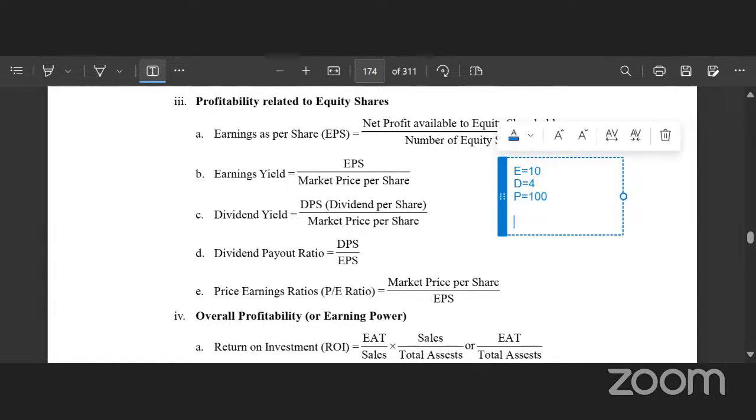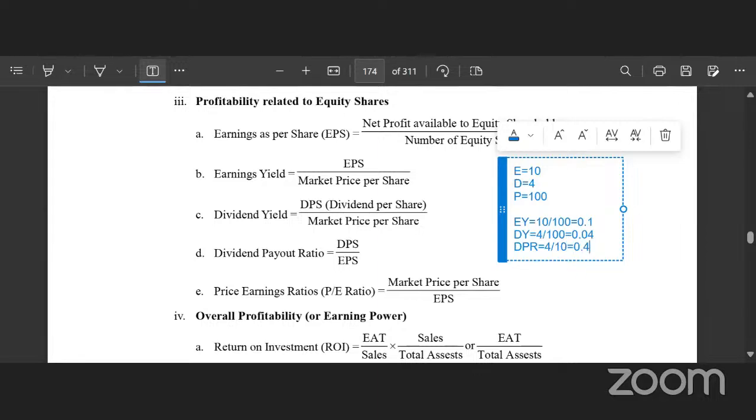Earnings yield is earnings per share divided by market price of the share: 10 divided by 100, which equals 0.1, or 10 percent. Dividend yield is dividend by market price of the share: 4 divided by 100, which equals 0.04, or 4 percent. Dividend payout ratio is DPS by EPS, which is 4 divided by 10, equal to 0.4.